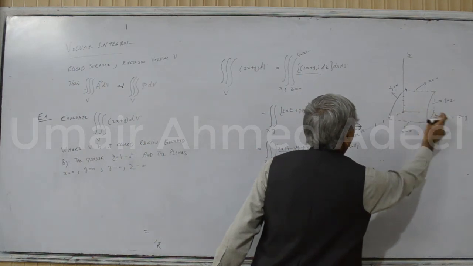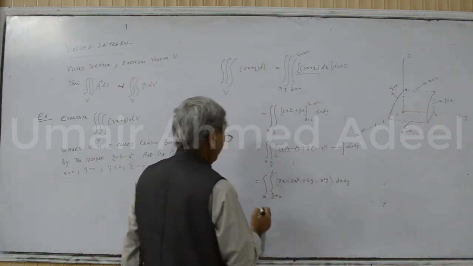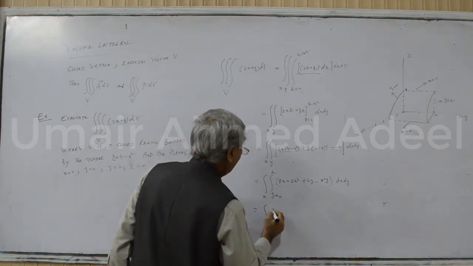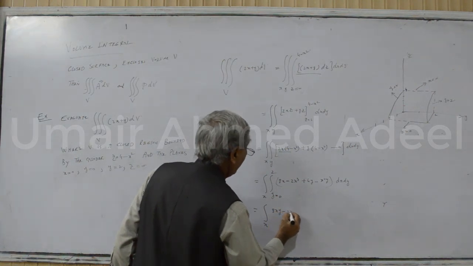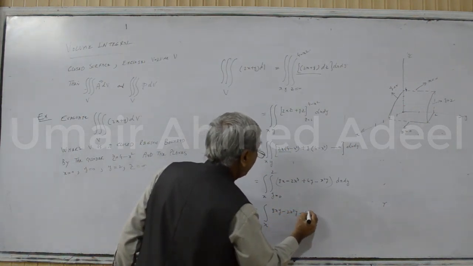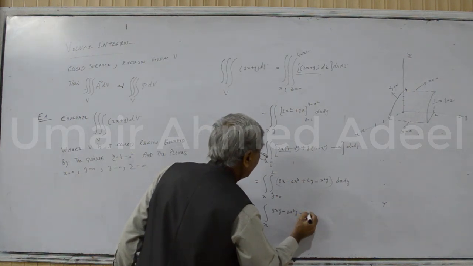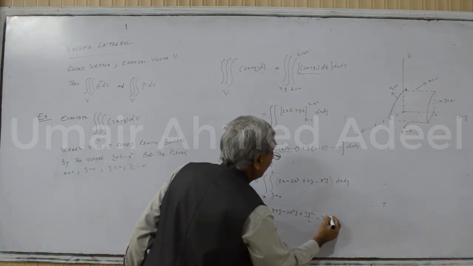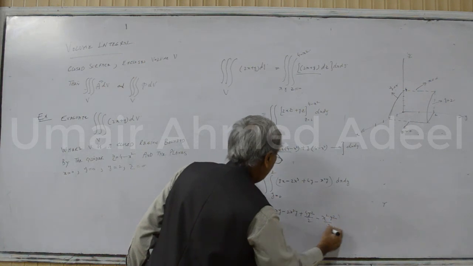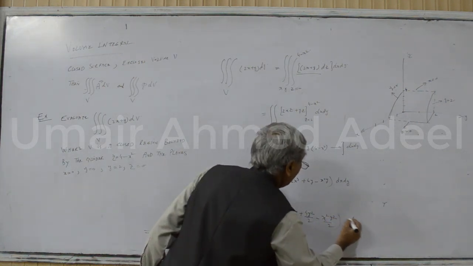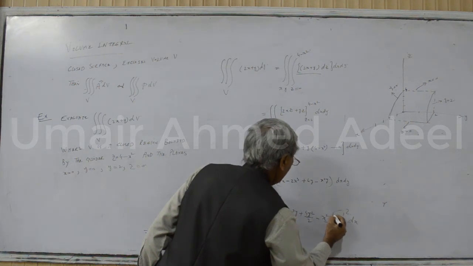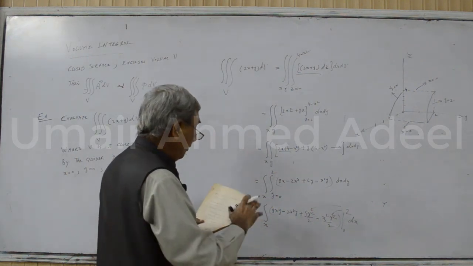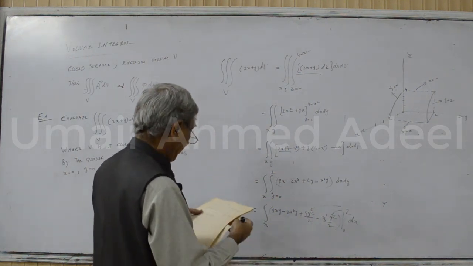So you integrate it with respect to y, and you will get 8xy minus 2x cube y plus 4y square over 2 minus x square y square over 2, and then dx. The limit will be from 0 to 2, and these limits are for y only. You put the value of 2 there and then you will have the remaining thing only for x.